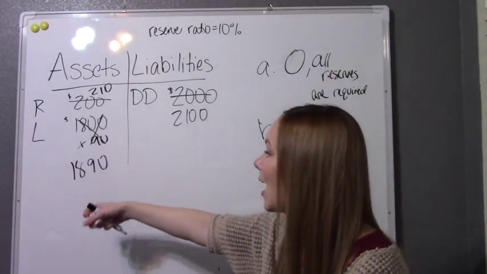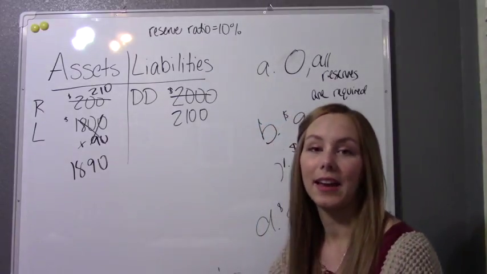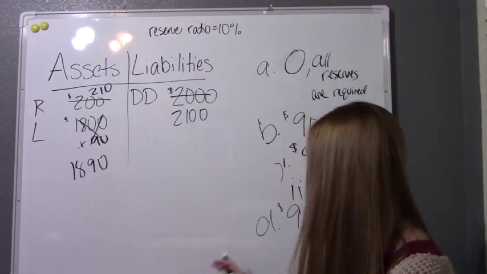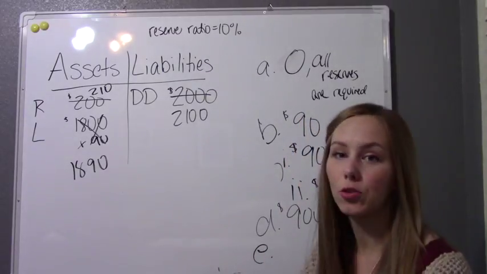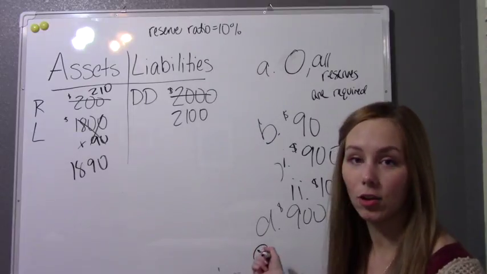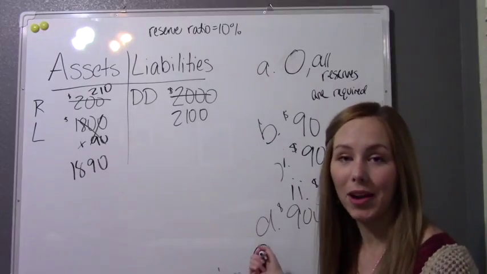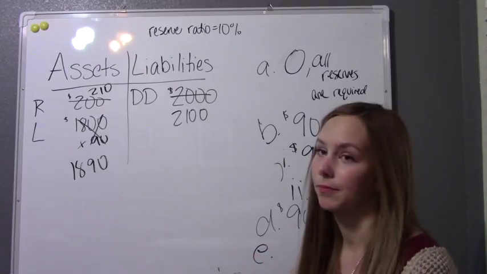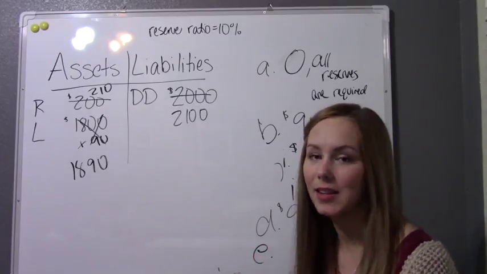Let's say they only loaned out $80 instead of the full $90. That could also decrease the amount that the money supply increased by. So if you gave either of those reasons, that some people keep the cash as currency and don't deposit it, or the bank keeps some of that money as excess reserves, that would get you the answer too.